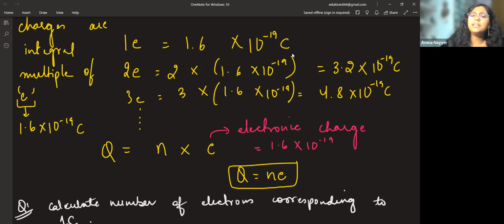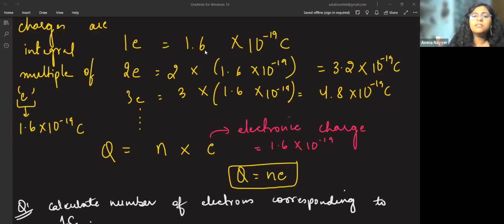What is meant by integral multiple? See, integral multiple means there are only 2 possibilities. If one electron has 1.6 into 10 to the power minus 19 coulomb, 2 electrons will have 3.2 into 10 to the power minus 19 coulombs.